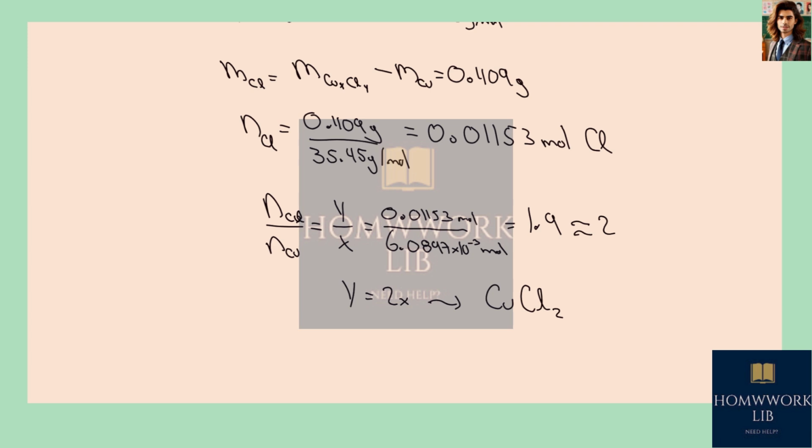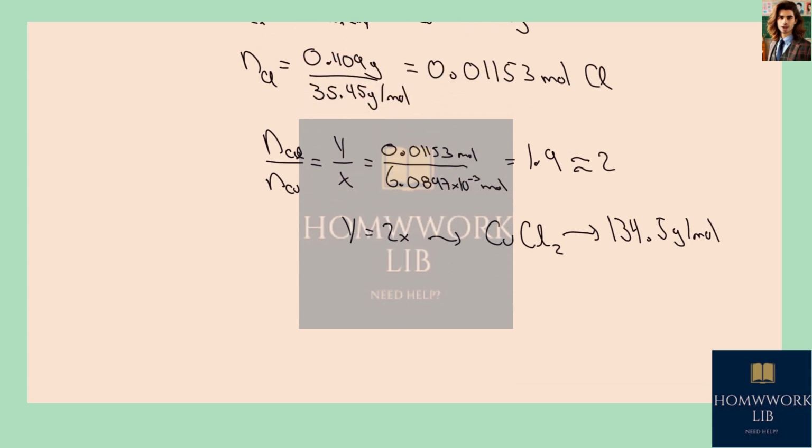Now, just to verify if this answer is correct, we know that this compound is going to have a molar mass of 134.5 grams per mole. So, according to our equation, this would produce copper plus Cl2, as a gas. It's a solid after decomposition.